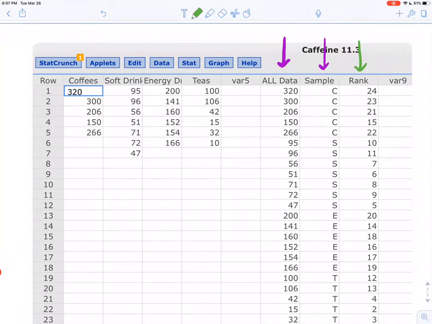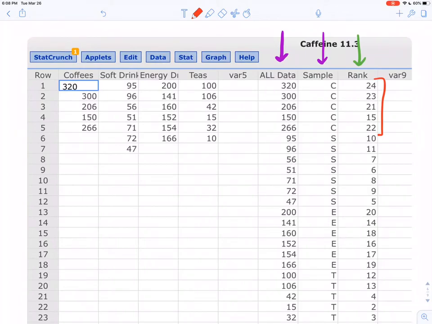And more specifically, what I'm going to need is the sum of the ranks for each individual sample. So my first sample here looks at the coffees, which means I want to take all the ranks for the coffees, just that first group. I want to calculate the sum, and that sum is going to be my value of R1.